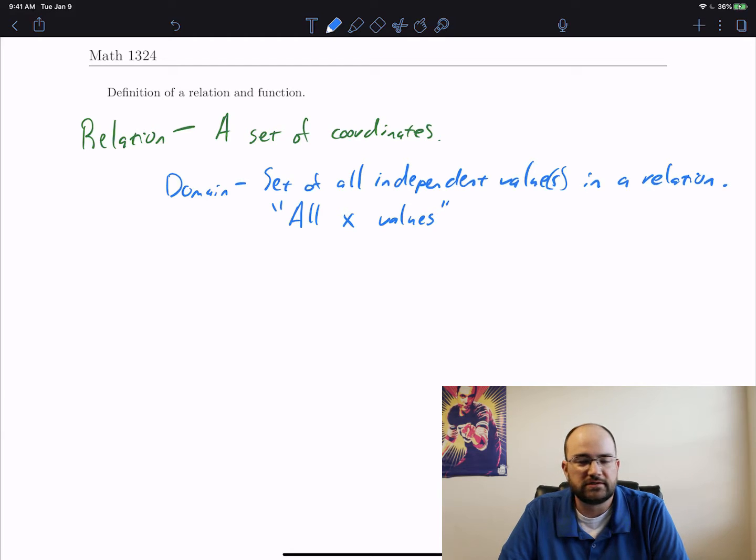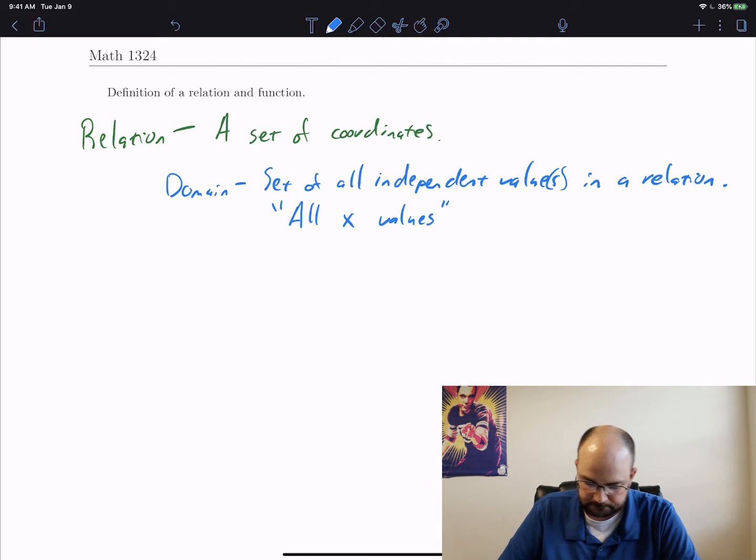As a result, you would have to find some other way of writing down your domain. You wouldn't just do it in a set format. You would try to do it in what we call interval notation. We did a little bit of that before, but we'll do a lot more of that here.